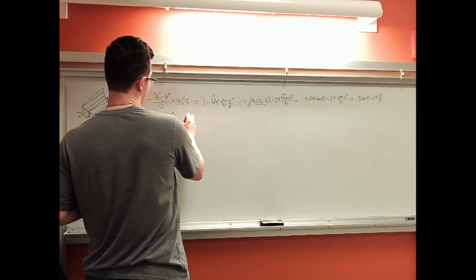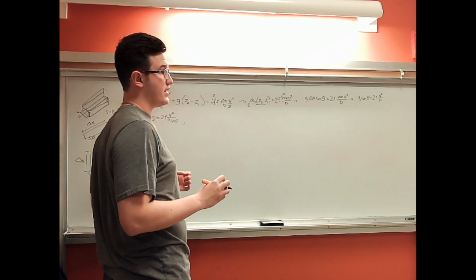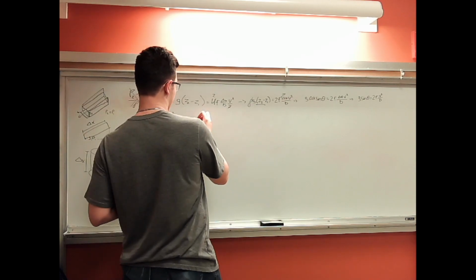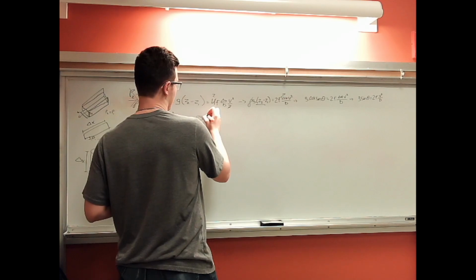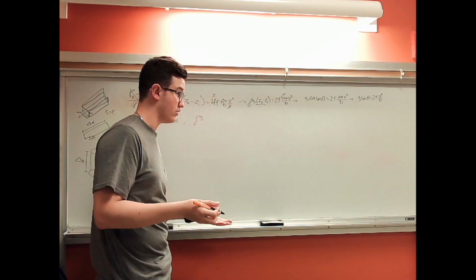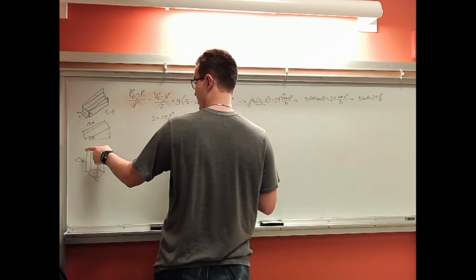In a completely separate scenario, the volumetric flow rate is equal to the density times the gravitational constant times the volume, which is just the area times the length.